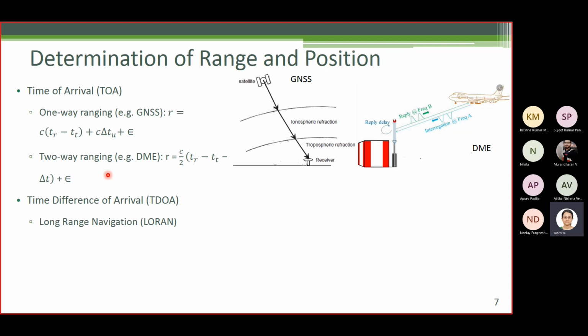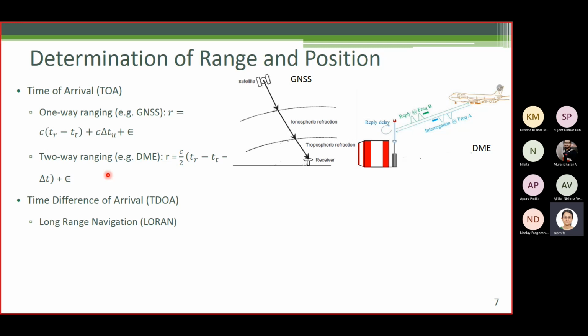Whatever I'll tell you about the system will be the same in the enhanced design also. But the way position is determined in the enhanced version is different. That is similar to GNSS. Since you have already discussed GNSS, I am not going to get into that. And LORAN is also beyond the scope of this class, so I will just stick to conventional design, which is different from the approach taken by GNSS.